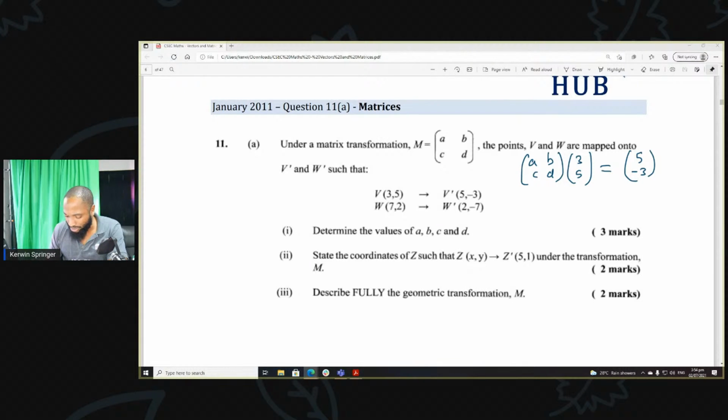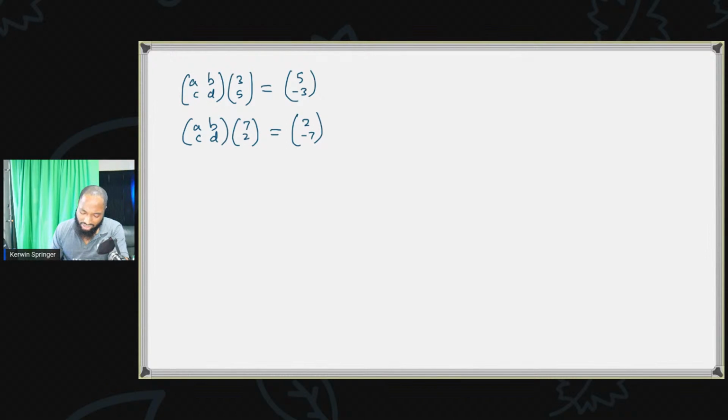Maybe you can do a simultaneous. And A, B, C, D multiplied by 7, 2 to give us 2, negative 7. I love that. I feel like I could work with that.